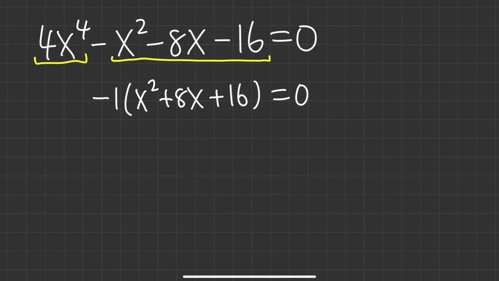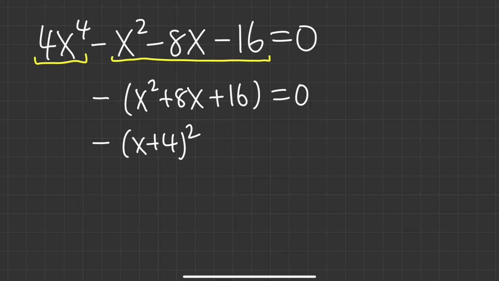Okay? And then I don't need the 1, let me erase that. Okay, what does this do though? Notice these 3 terms together, we can factor it. We get x plus 4 times x plus 4, which is x plus 4 squared, isn't it? So it's actually a perfect square if you look at the last 3 terms.